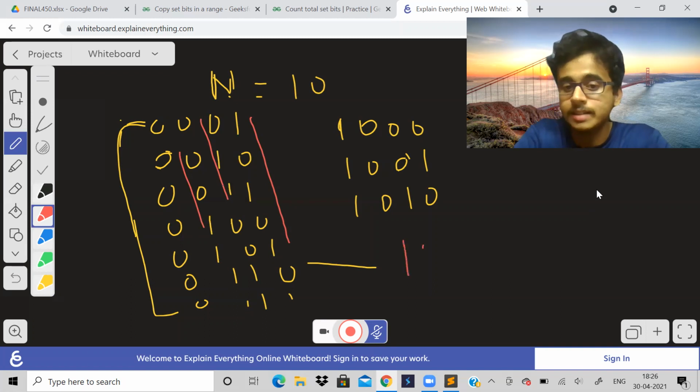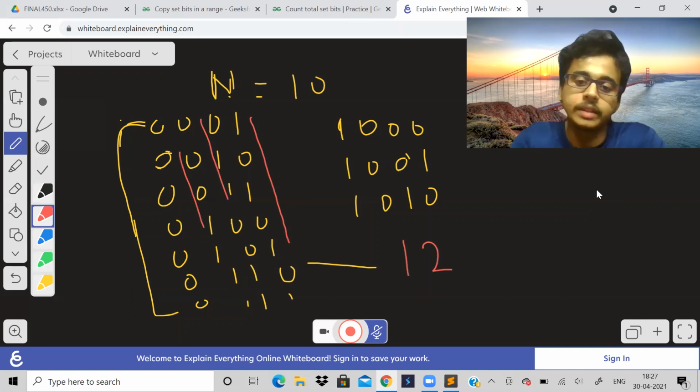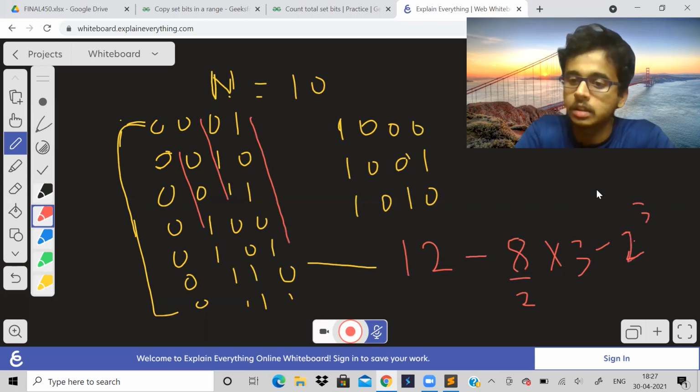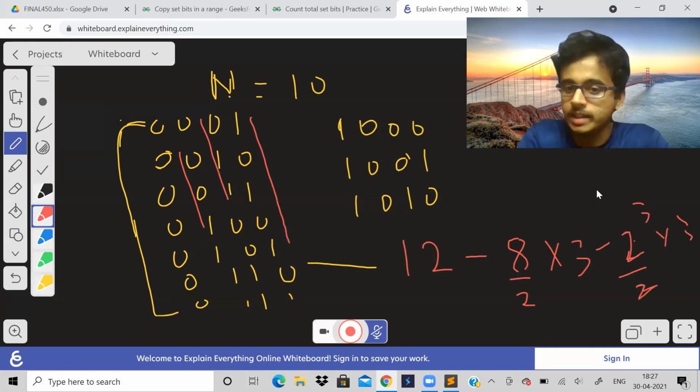How to write this number 12? This number 12 can be written as 8 by 2 into 3. And this also can be written as 2 to the power 3 into 3 by 2. So what is this expression now?